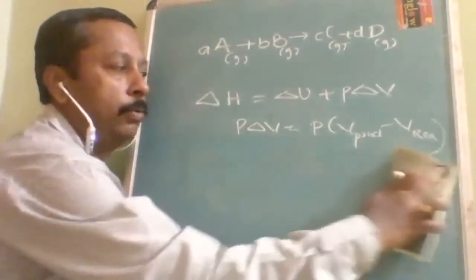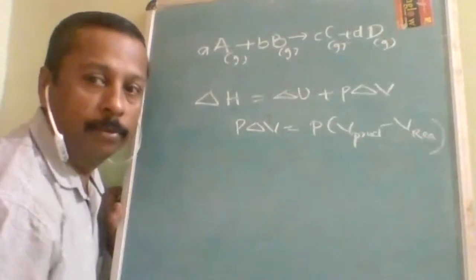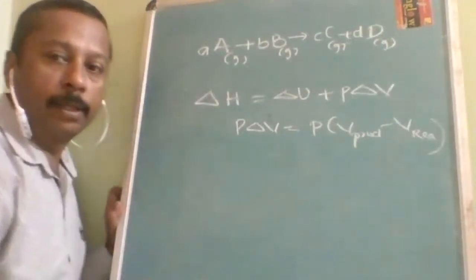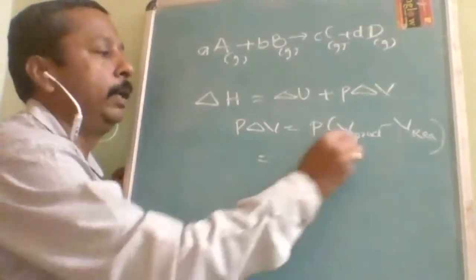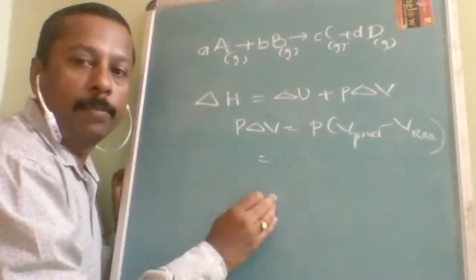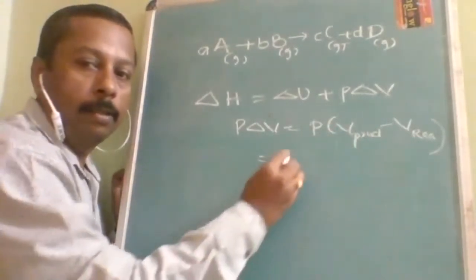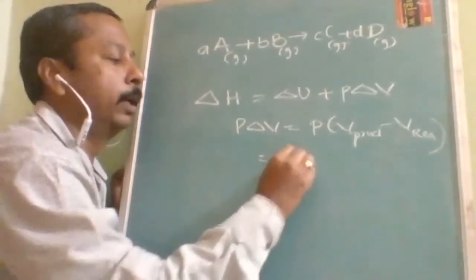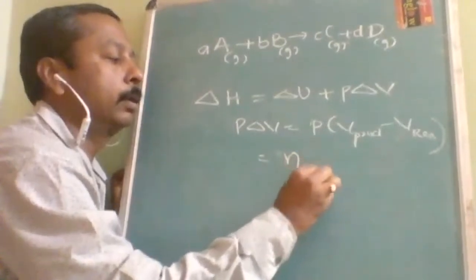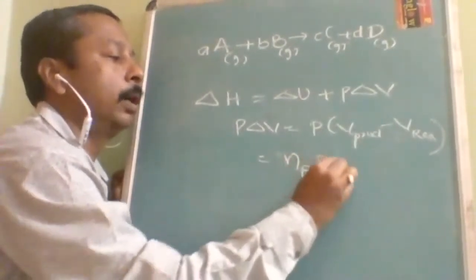So by substituting this value in the given equation, P into V product can be written as n product into RT.